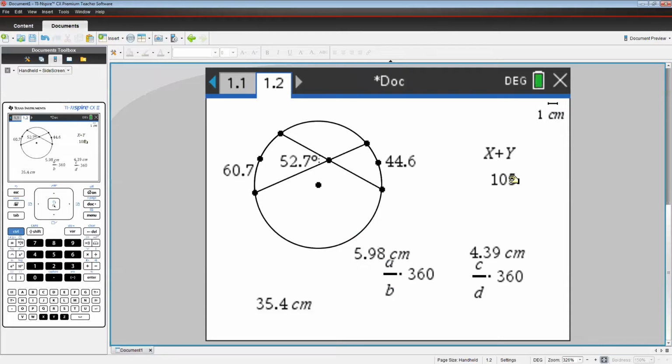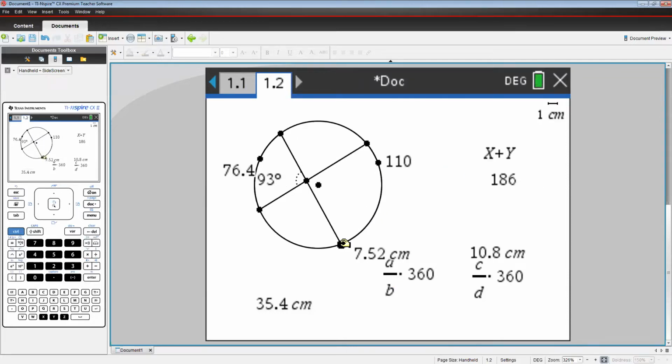So do we notice anything between this 105 degrees and that guy? Well, there's some rounding issues right now, but hopefully, let's take a look. There's a relationship between 121 and 60.5. Is there a relationship between 93 and 186?